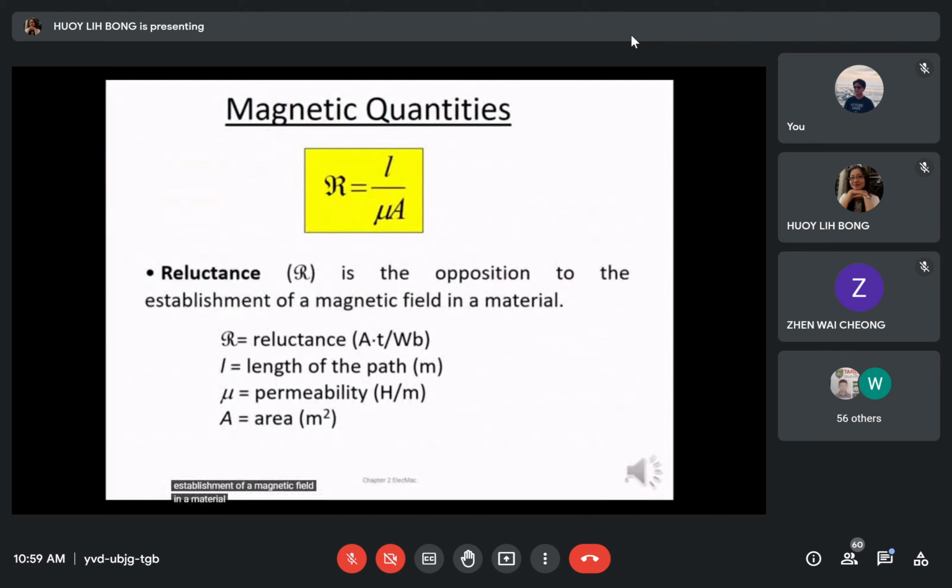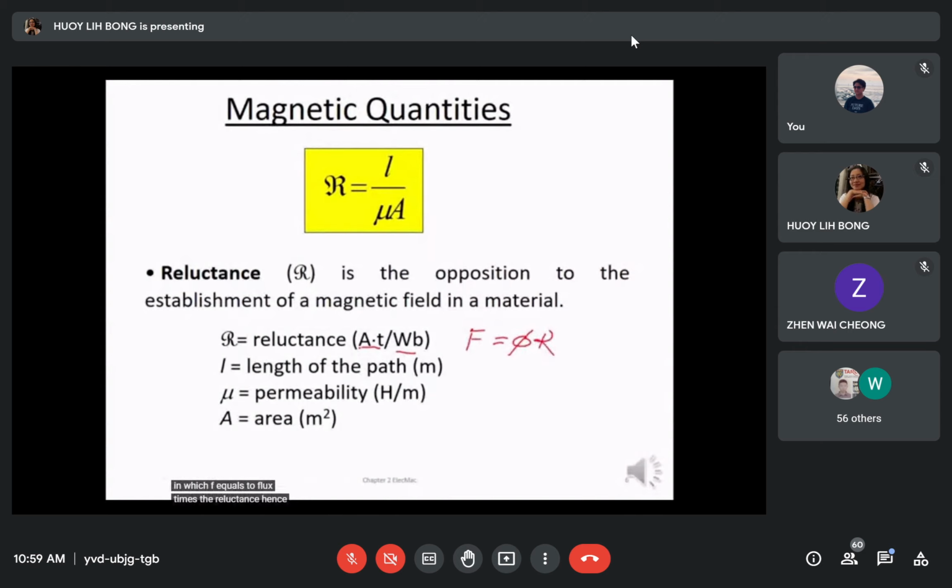The reluctance SI unit is ampere turns per Weber, which you can also derive from the magnetic Ohm's law, in which F equals flux times the reluctance.